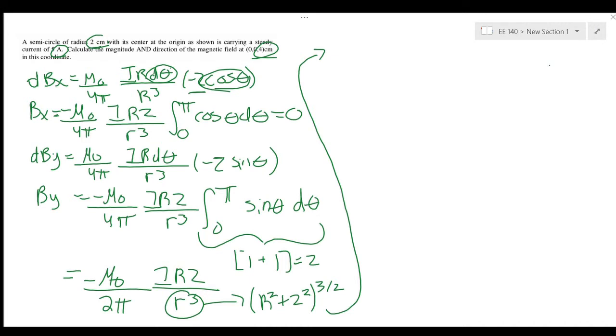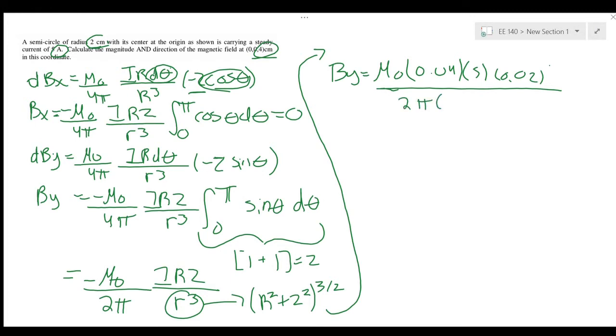So we get By to equal mu naught times 0.04 times 5 times 0.02, converting from centimeters to meters, and then over 2 pi times 0.02 squared plus 0.04 squared to the 3/2. And we get our value to be negative 7.12 mu naught.